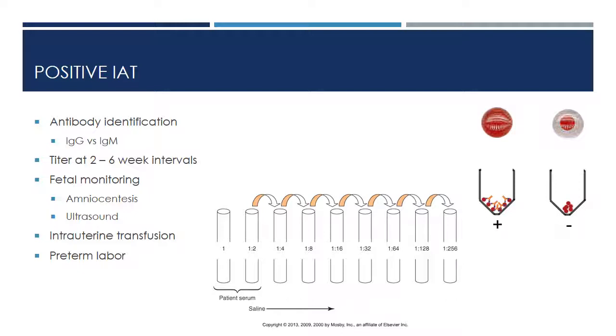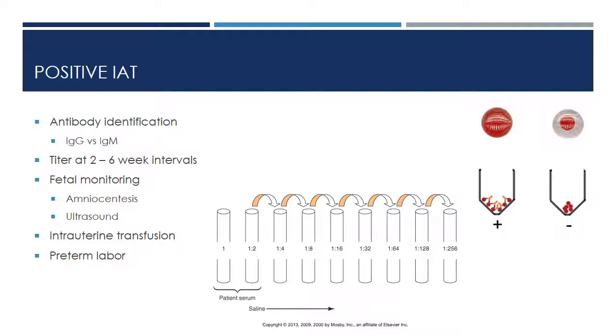So those things would point to the fact that the child is having some difficulty. They actually use the ultrasound to measure the peak systolic velocity in the cerebral artery of the fetus, which is much safer to do than amniocentesis.